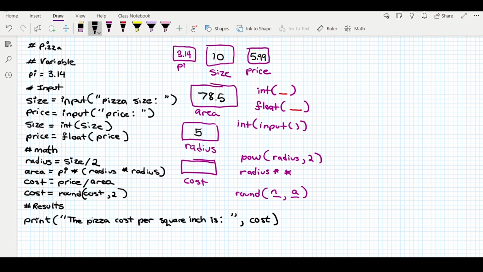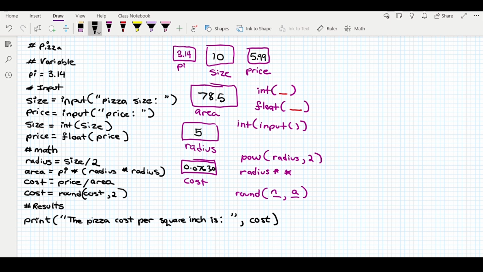We get 0.076305773. Oof. So let's put some of that in. 0.07630 dot dot dot. And that's this line right here. Cost equals price divided by area.